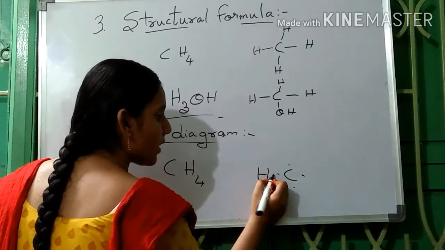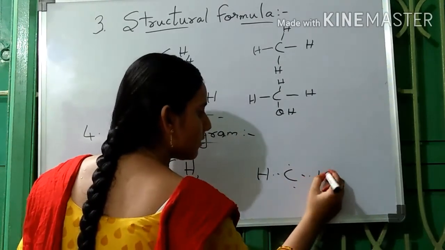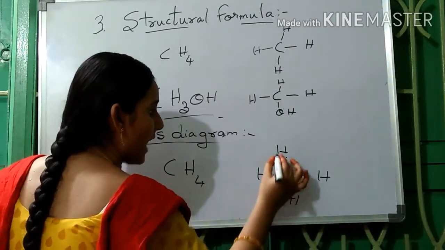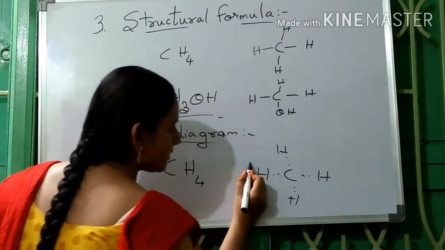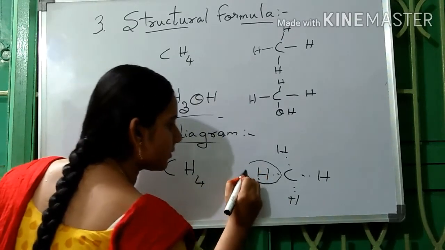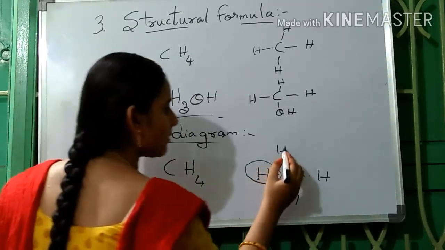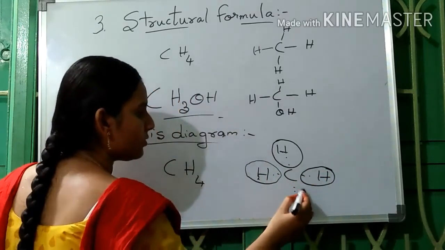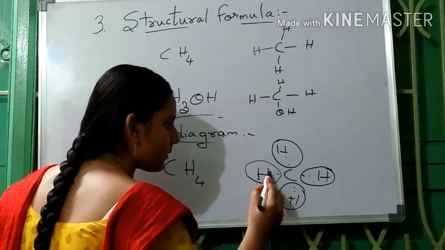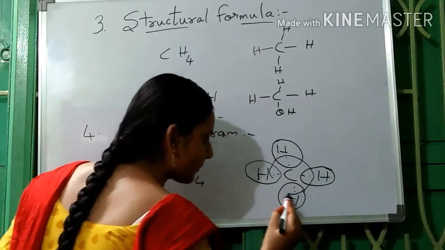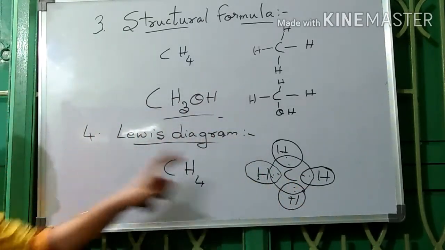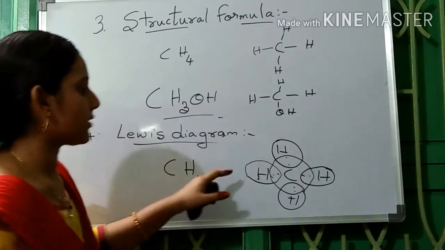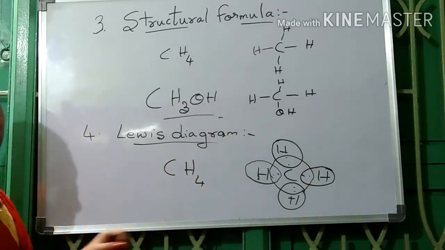Hydrogen has 1 valence electron like this, approaches the carbon, and the bond is formed like this. The hydrogen is bonded to carbon in this way. This is called the Lewis diagram. It shows the sharing of the valence electrons between the atoms.